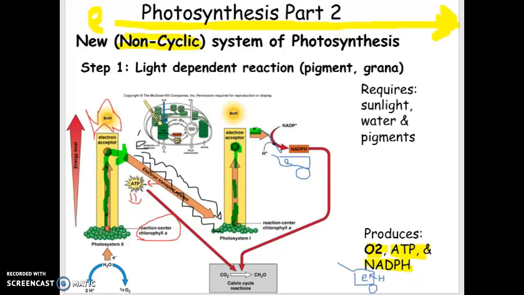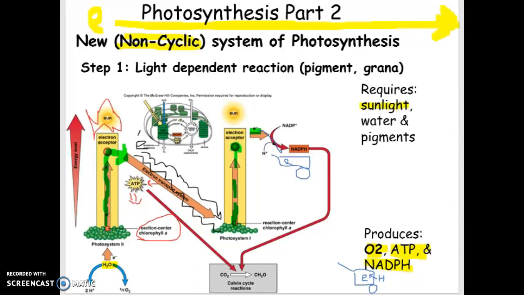Now, we need to get more electrons, because if we started with 100 and all 100 wind up in that wheelbarrow, you've got to replace them. This is where water comes in. This is why water is a requirement for this part of the pathway. So water right here gets ripped apart. Break those bonds.